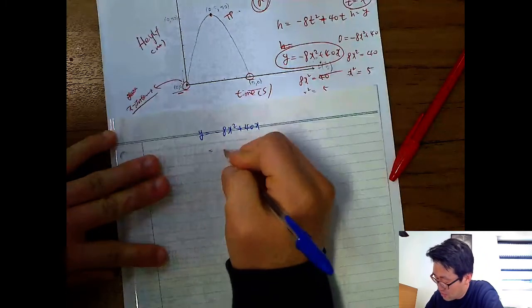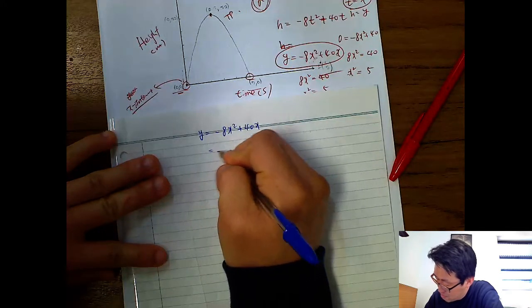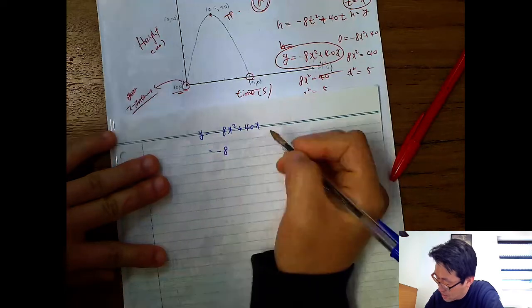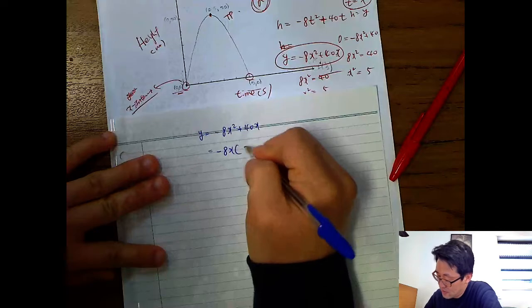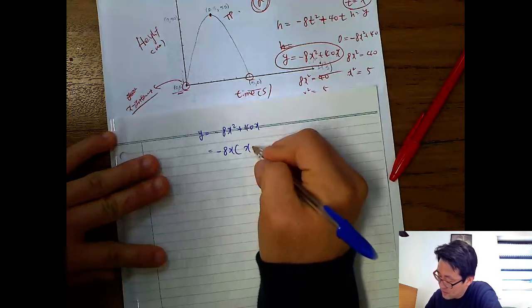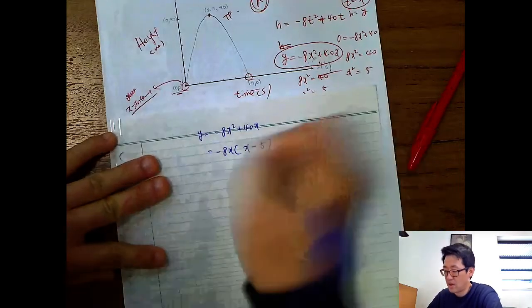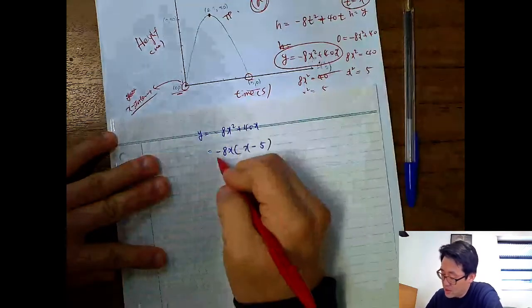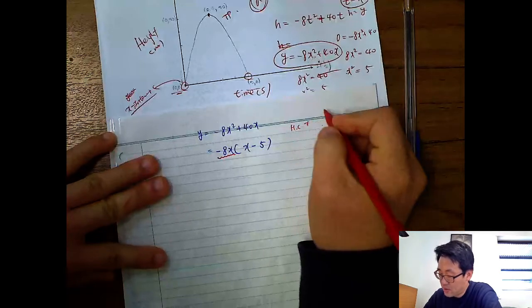And then I can write down minus 8x, x minus 5. Okay, in this case, I know this is the highest common factor.